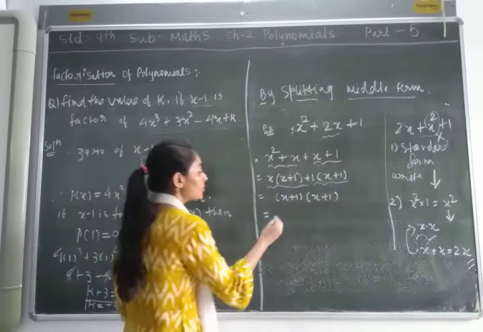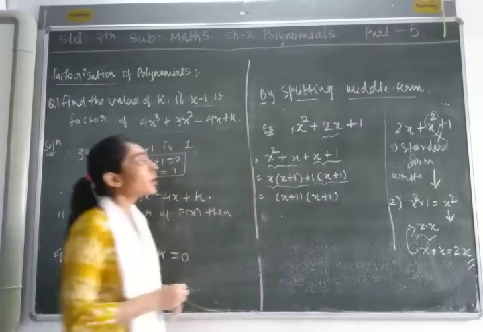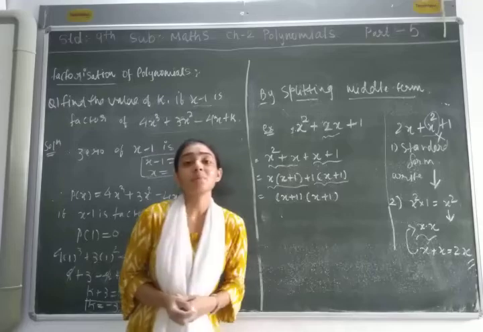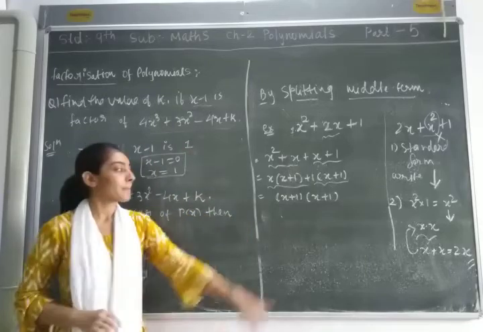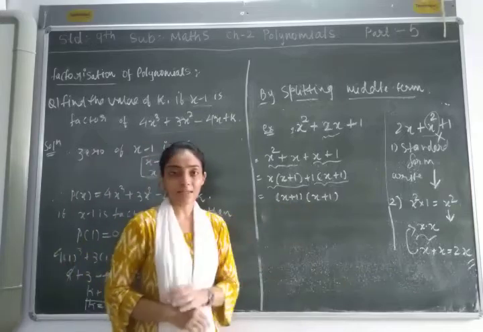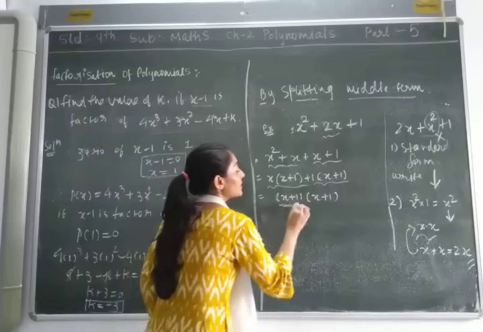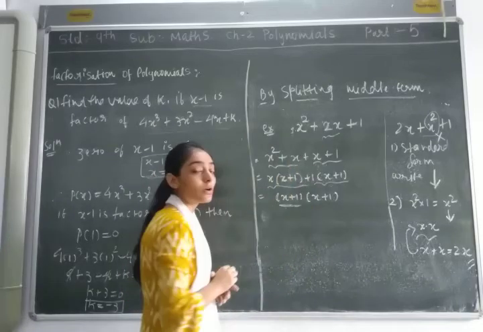x plus 1 and x plus 1. We know that in a quadratic polynomial there can be at most 2 zeros. So my zeros are x plus 1, x plus 1. Now we have to check whether these are the factors or not.